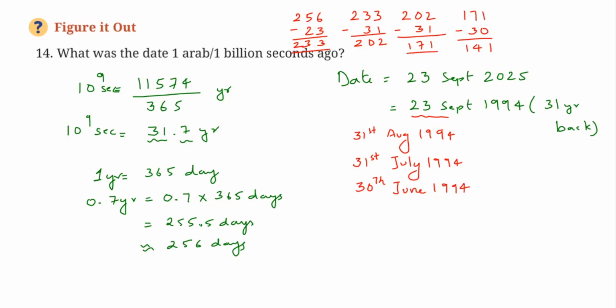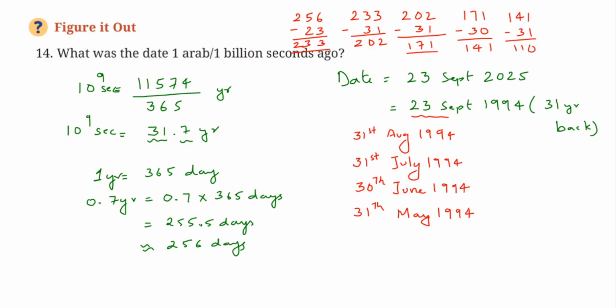In May, there are 31 days. So I get 31st May and the year will be 1994. Now this is my current date, and I still have 141 days to go back. In May there are 31 days, so let's subtract 31 days from 141. So I get 110.